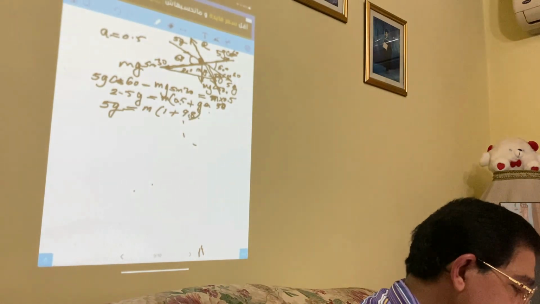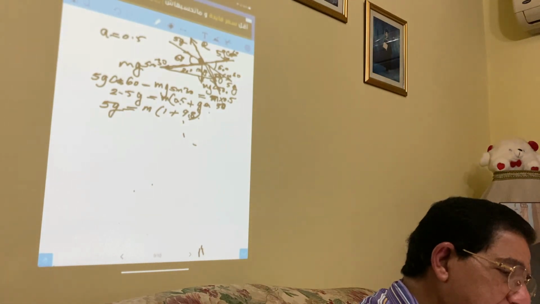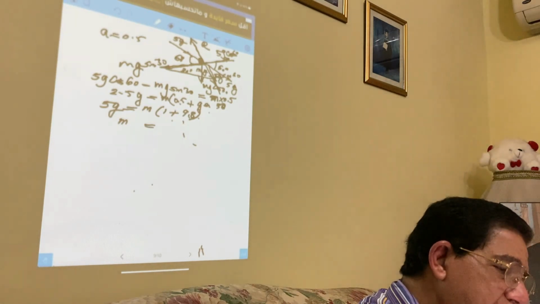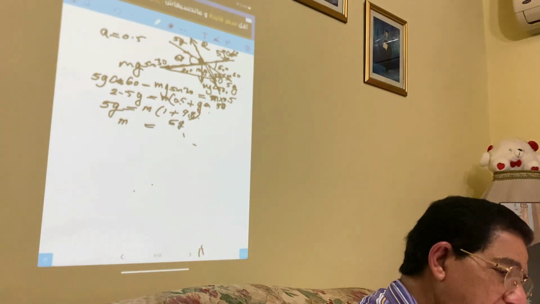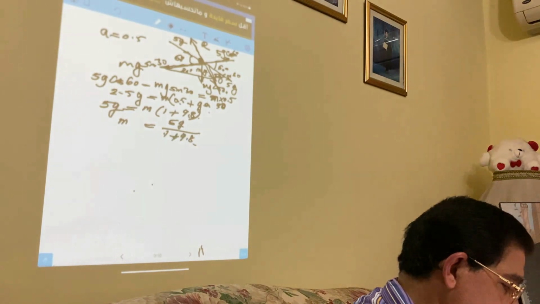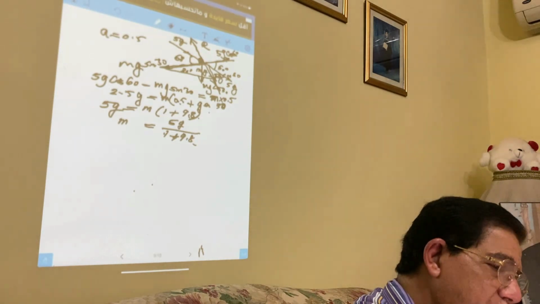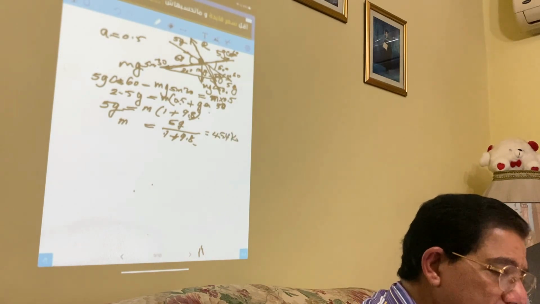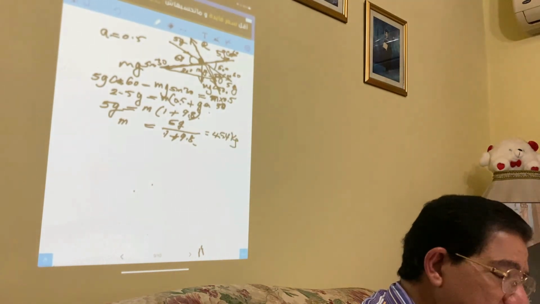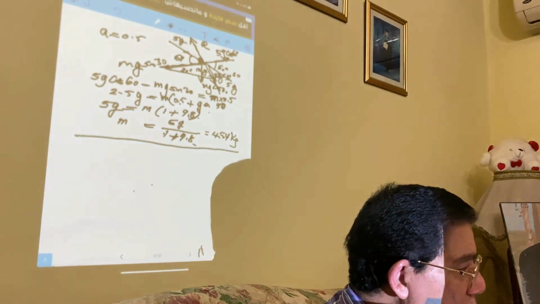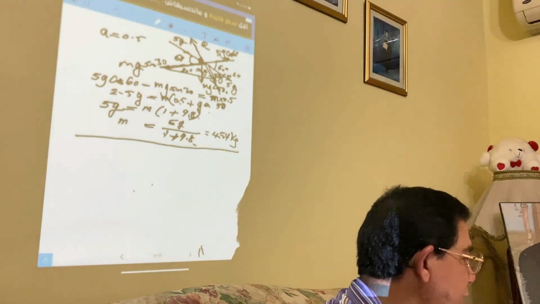From this equation, the mass m equals 5g divided by 1 plus 9.8, and we got this equal to 4.54 kilograms. Therefore, this is the kind of problem we call an inclined plane problem.